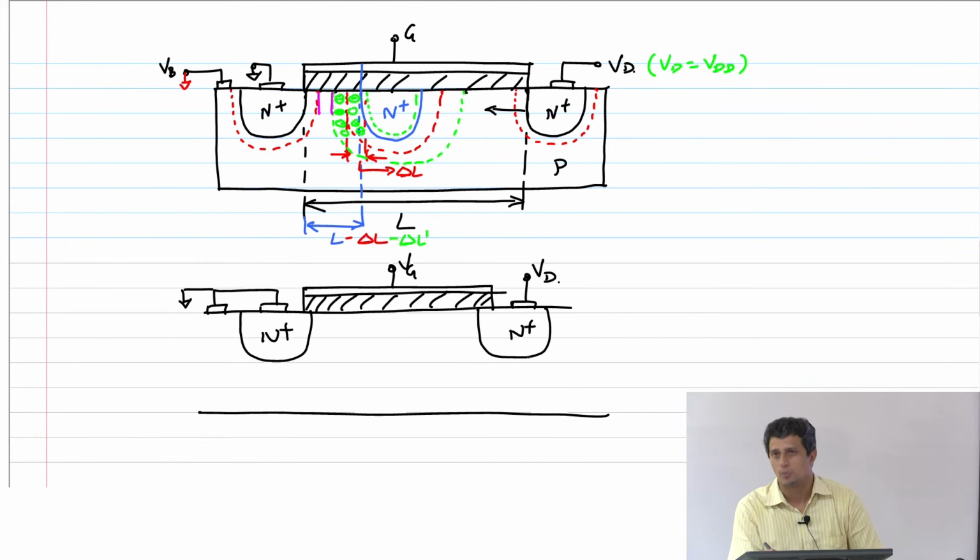VD is connected to N plus, this is P, body is connected to ground, which means that is actually a reverse bias PN junction.